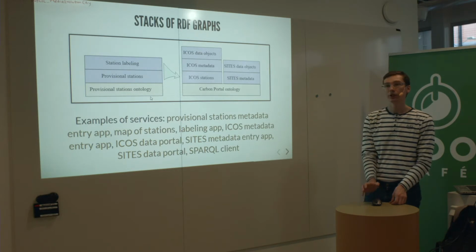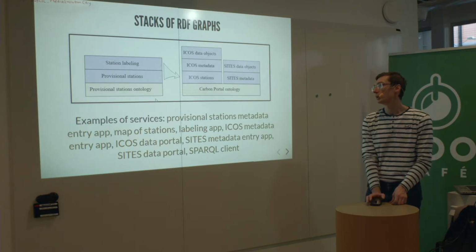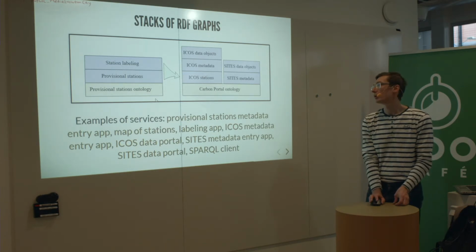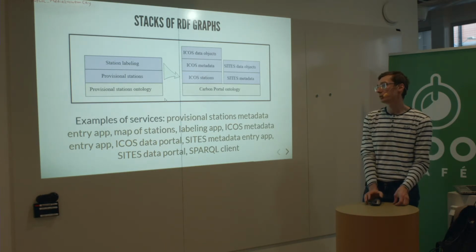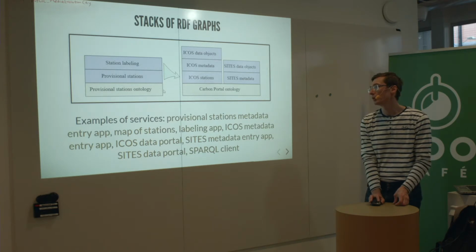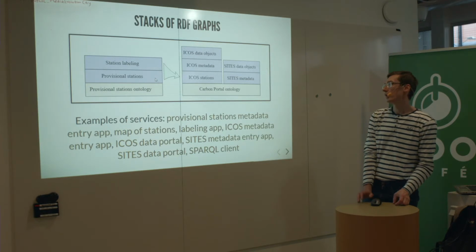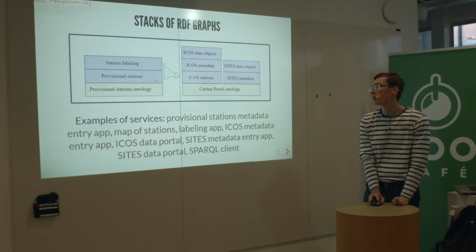If a new station is created, it needs to be added. So we need a metadata entry application where the people responsible provide us with the so-called provisional stations. We need a schema for this, or ontology, sitting in one RDF graph, and then another graph for these stations, and an application that populates this graph with statements or facts.